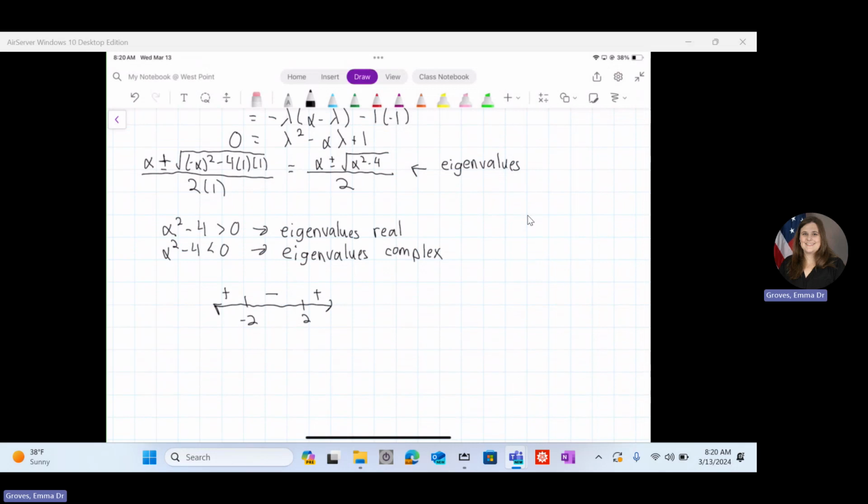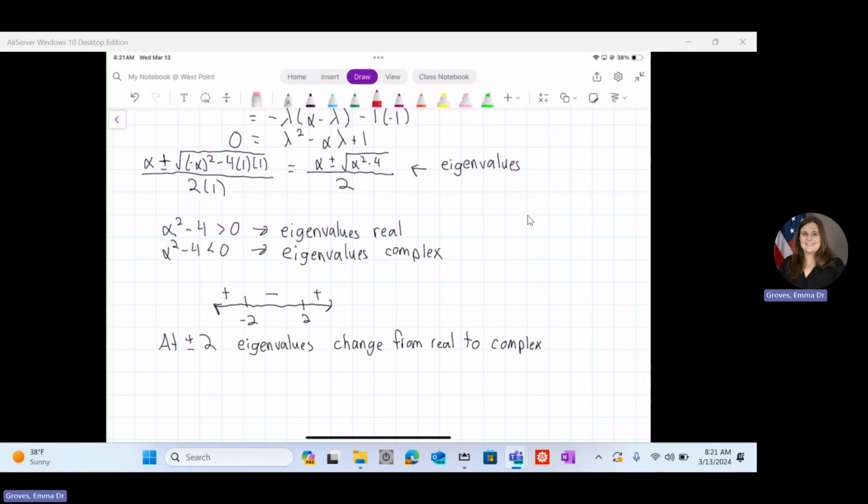So what we know is at plus or minus 2, the eigenvalues change from real to complex, right?